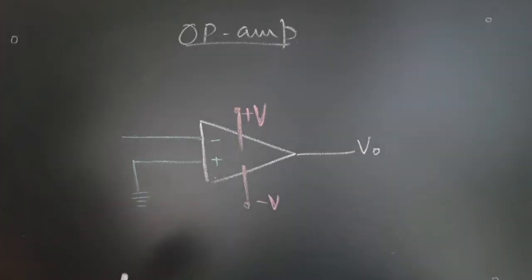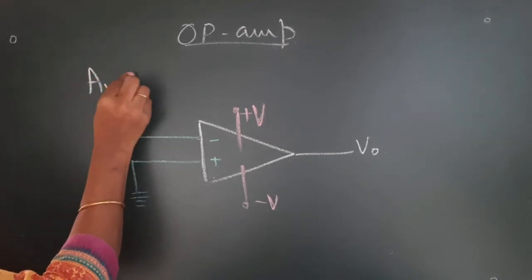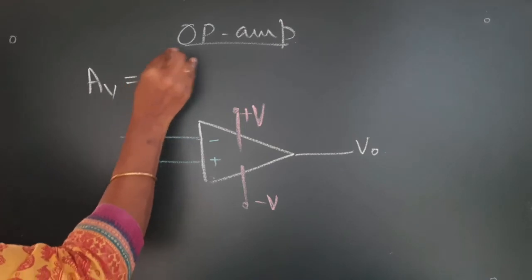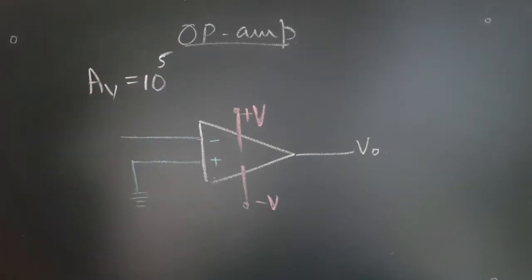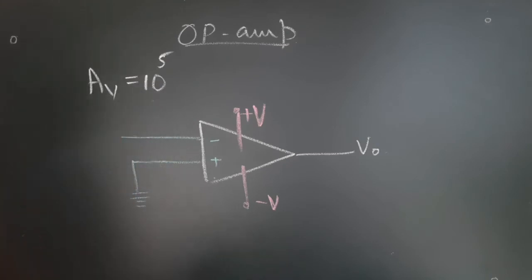Now, let us discuss the voltage gain. We discussed that the voltage gain of an op-amp comes in the order of 10 raised to 5 or 10 raised to 6. But this voltage gain is in fact the open loop gain, that is, the gain without feedback.